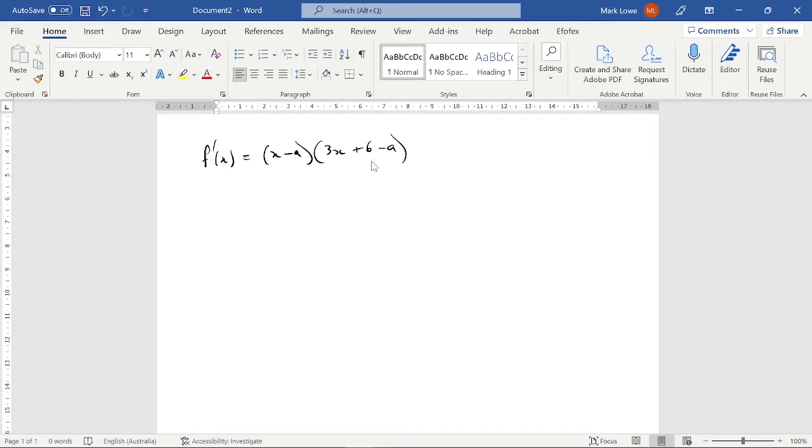Ideally you have it like this, because then you can let f dash of x equal 0, and so 3x plus 6 minus a equals 0, meaning x is equal to a, or solving the other one, we end up with x is equal to a minus 6 over 3.